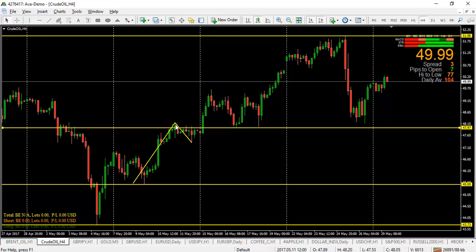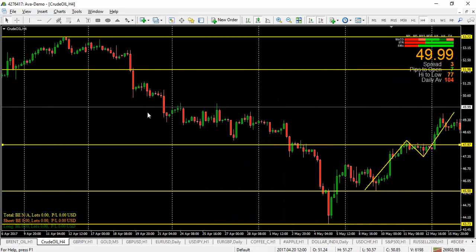Now I can put my buy stop a few pips above the swing high, which will be here, and my stop loss would be here below. Then when the breakout happens, I make my money. You get it? So this is for taking buy trades.